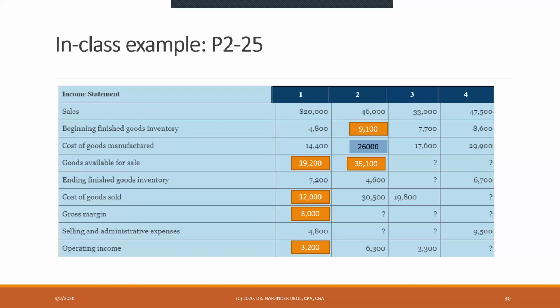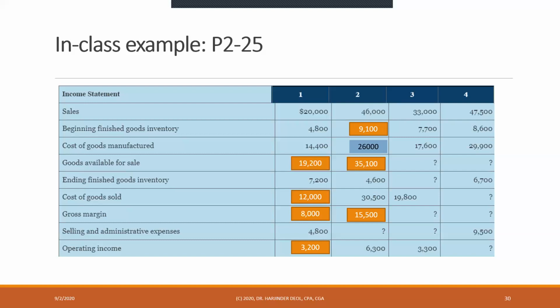This one was a little bit tricky on that count. The rest of it is not too bad. If you look at the sales, 46,000, and cost of goods sold is 30,500, 46,000 minus the 30,500 gives us gross margin of 15,500.